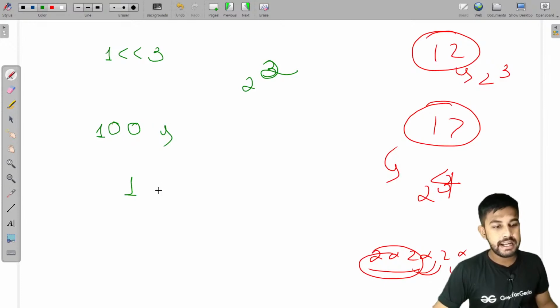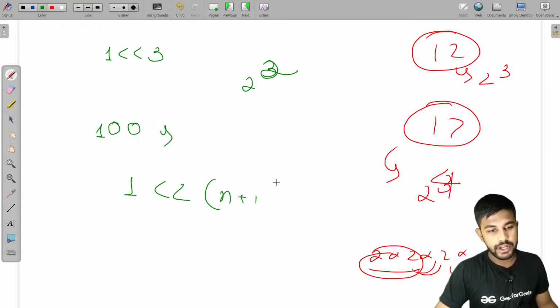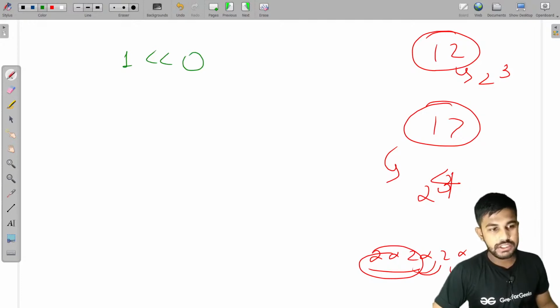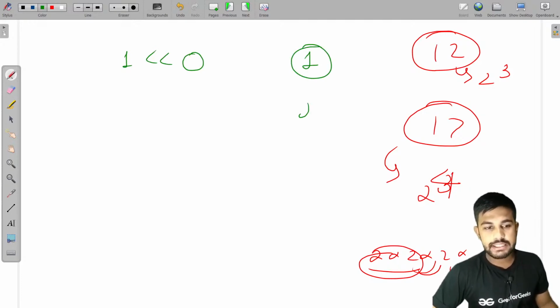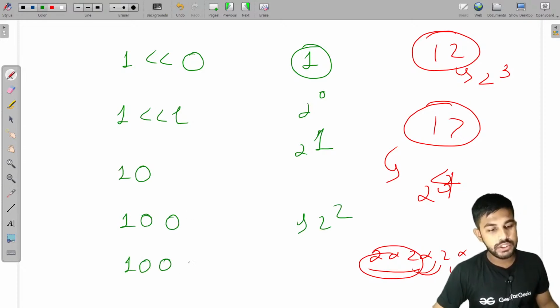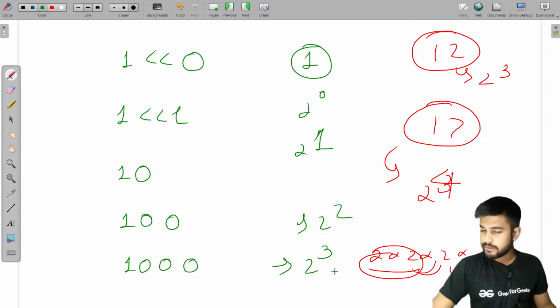So next thing is that 2 to the power n plus 1. Okay, so what we can do is 1 shifted by 0 is 1, that is 2 to the power 0. Then again 1 shifted by 1 would make it 10, that is 2 to the power 1. 100 is 2 to the power 2. 1000 would make it 2 to the power 3.